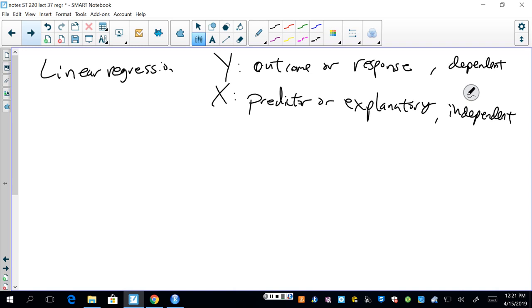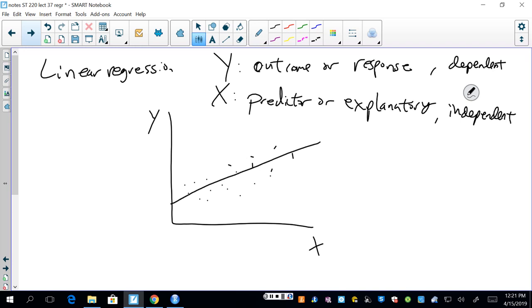And so in linear regression, we're going to put a straight line between these points, something like this. That's generally increasing, generally kind of strong. But we want to find some line that describes that increasing pattern well.